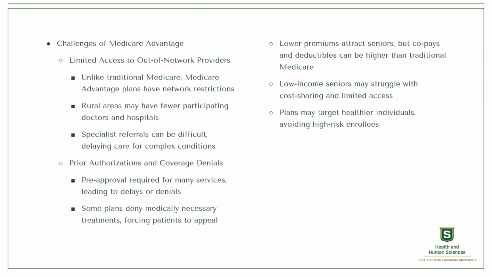Most of the plans under Medicare Advantage usually target healthier individuals and try to avoid high-risk enrollees. Even with the ACA and pre-existing conditions not being allowed to be used by insurance companies to deny people buying into their plans, some of these challenges still exist and have not been completely taken care of.